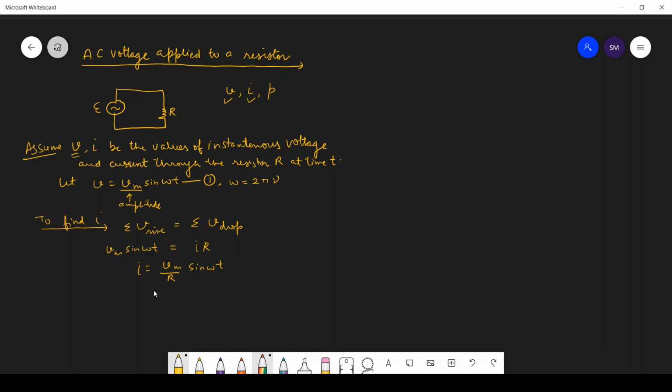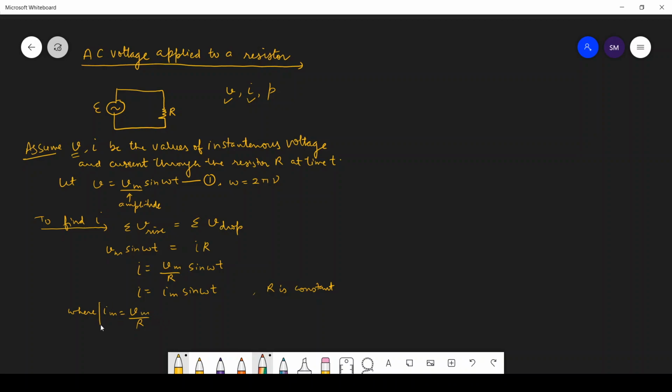Now we can write it as I equals Im sine omega t, where of course R is a constant here, and this is the current amplitude, where Im equals Vm upon R. So this is the current amplitude, maximum current.